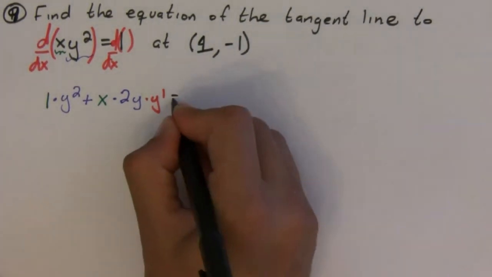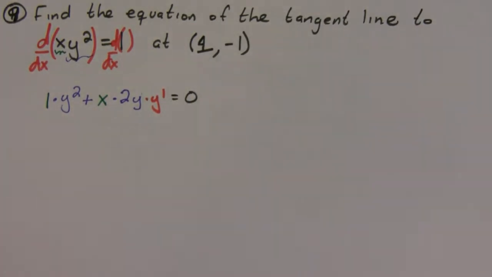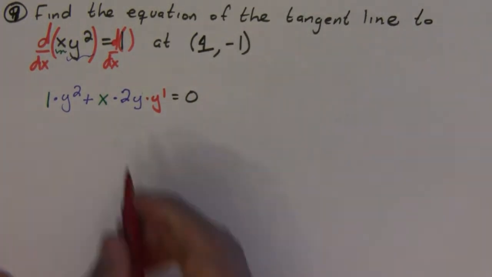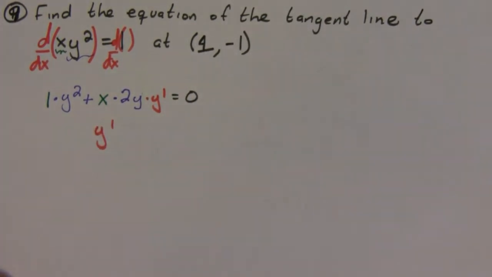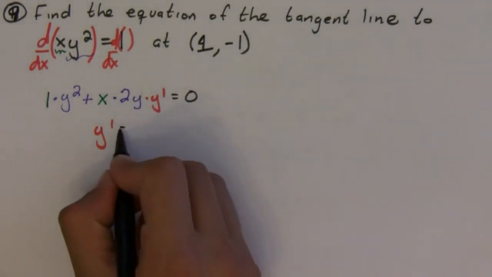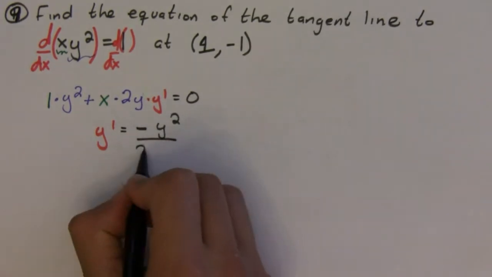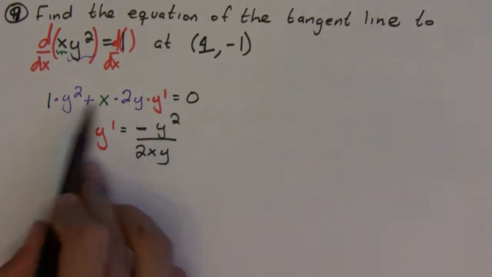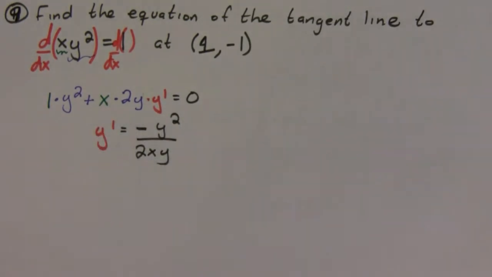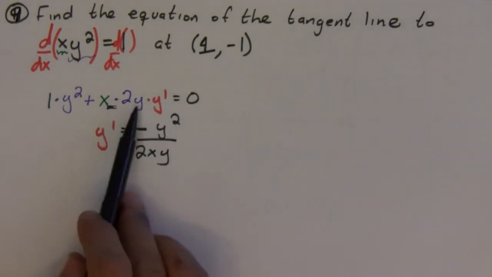And this is going to equal 0. So if we solve for y prime, we get y prime is equal to negative y squared over 2xy, just by moving the y squared over and then dividing both sides by the 2x and the y.